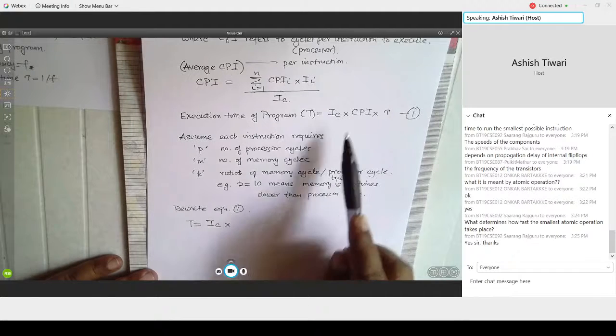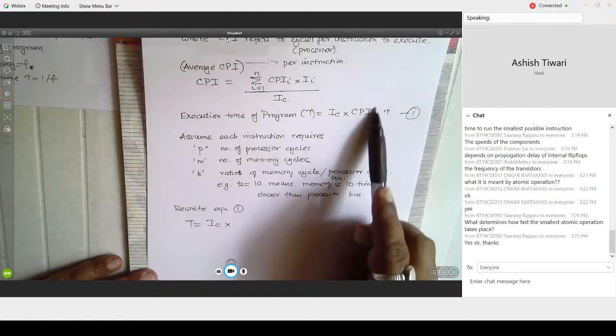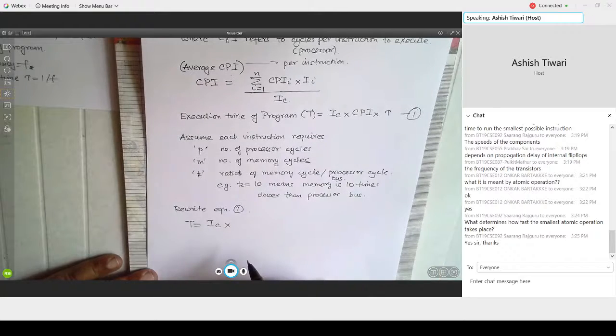So can somebody tell me in the chat what would be the value of this CPI, if I want to write all this in terms of processor cycles?